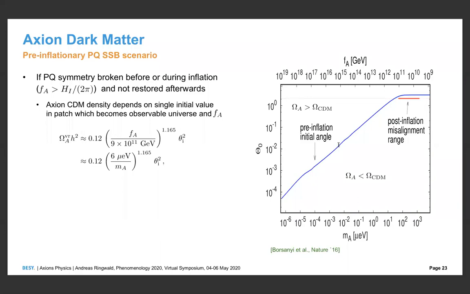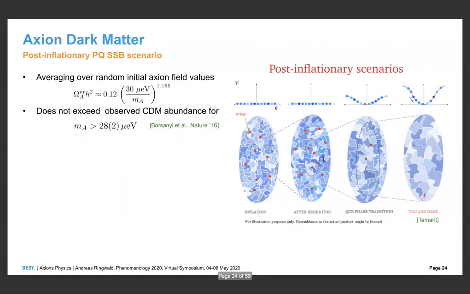For example, for a GUT scale f_A, you have an initial value of a few times 10^-3, which you could also call a fine tuning, but it is like that.